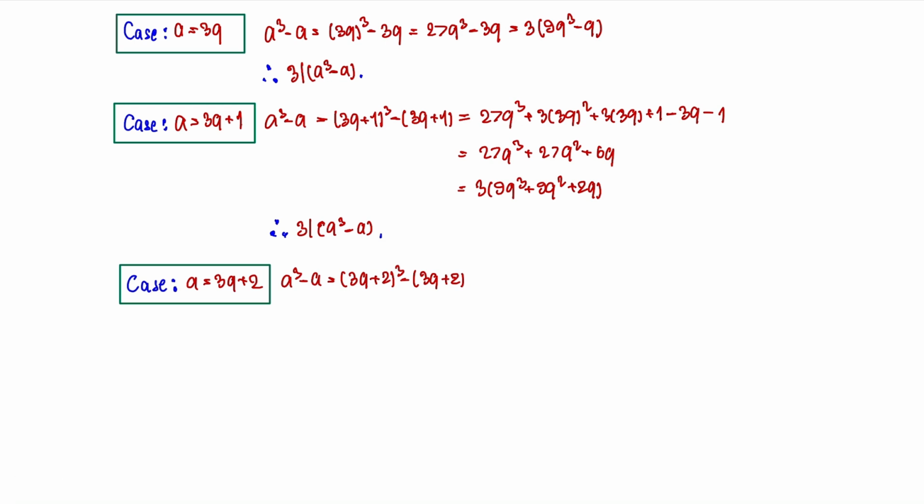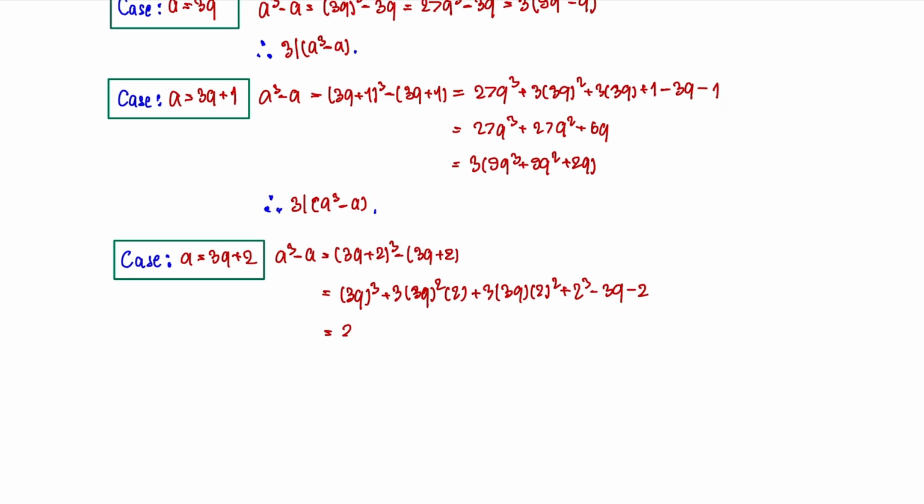So it turns out to be (3q) cubed plus 3 times (3q) squared times 2 plus 3 times 3q times 2 squared plus 2 cubed, minus 3q minus 2.